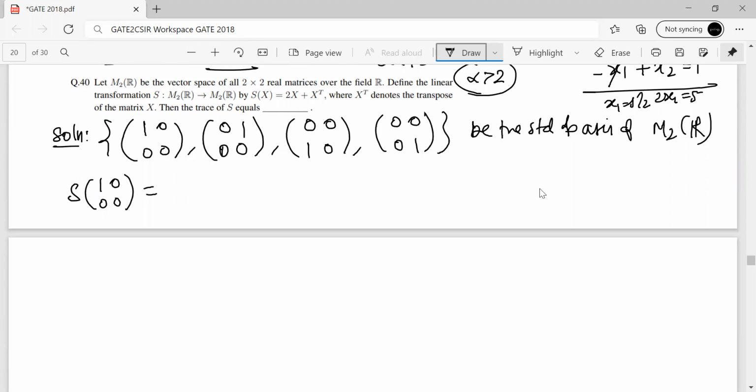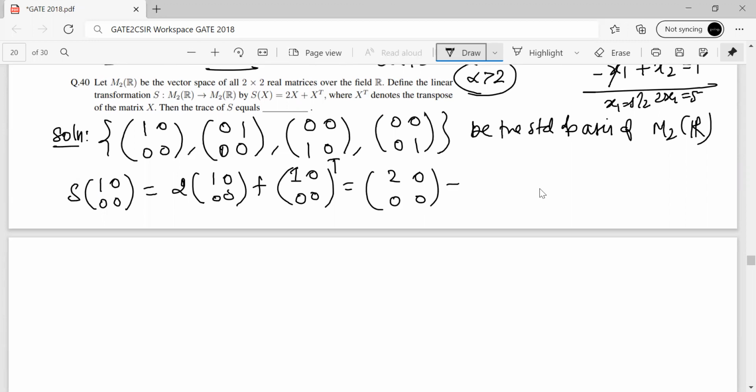It is 2 times this quantity plus the transpose of this. The transpose will remain the same because this is just 1 0 0 0. So I get 2 0 0 0 plus 1 0 0 0, that gives me 3 0 0 0.